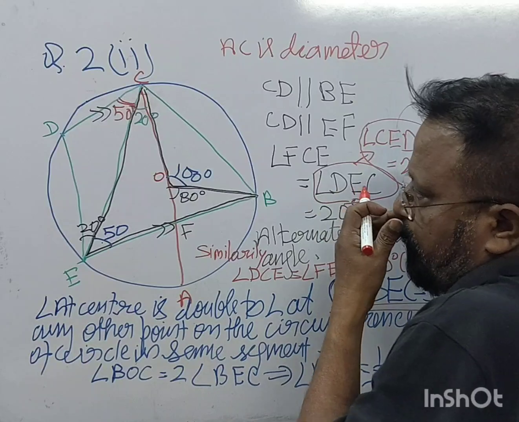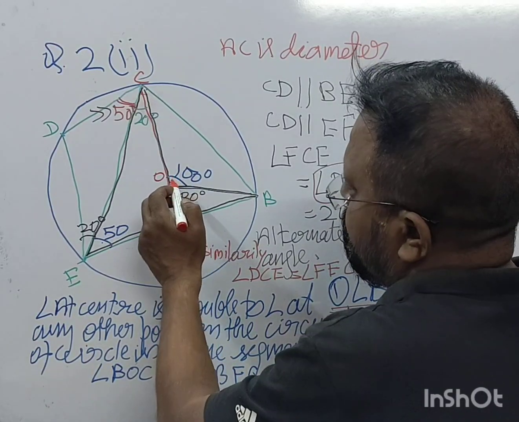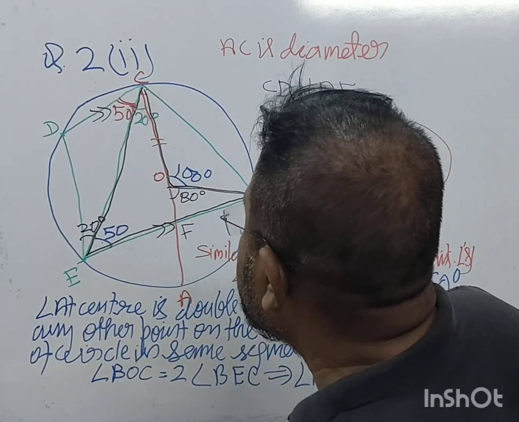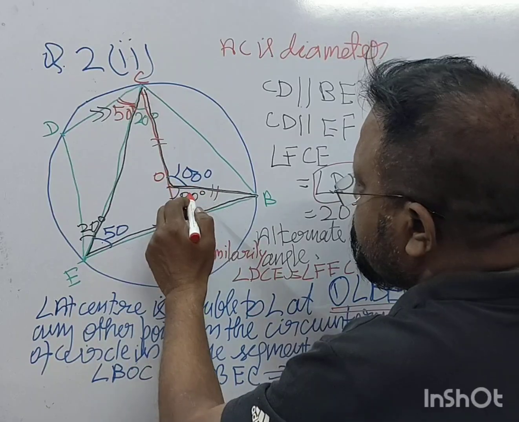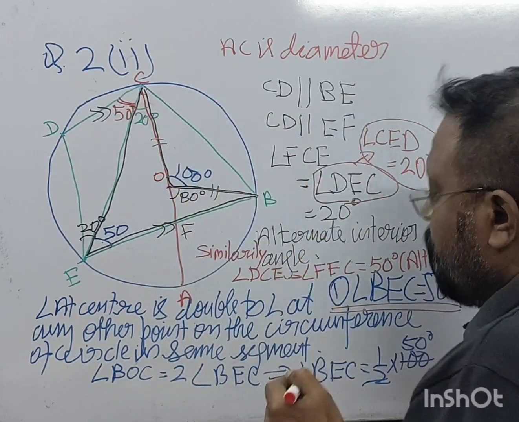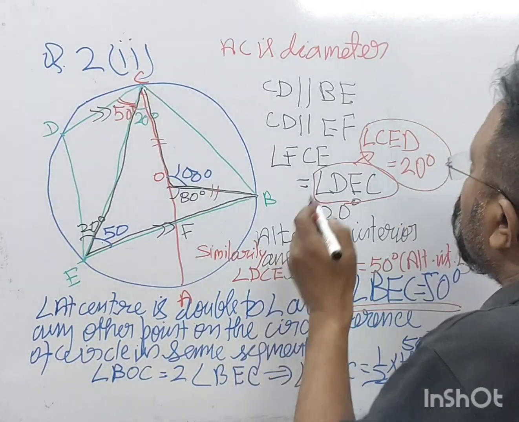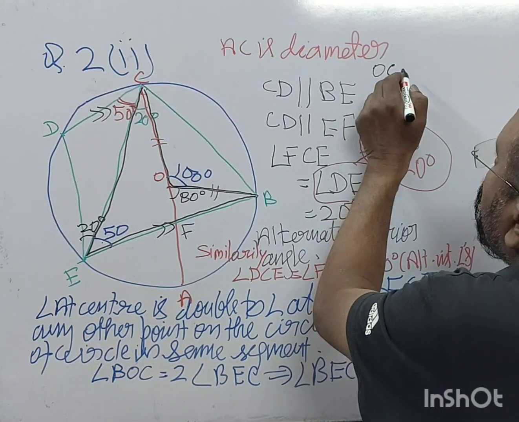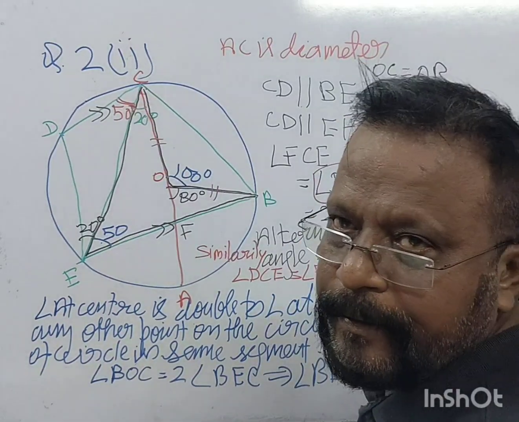Okay, so you just look here, this is the radius and this is the radius, this is the center. So we can write OC is equal to OB, right?